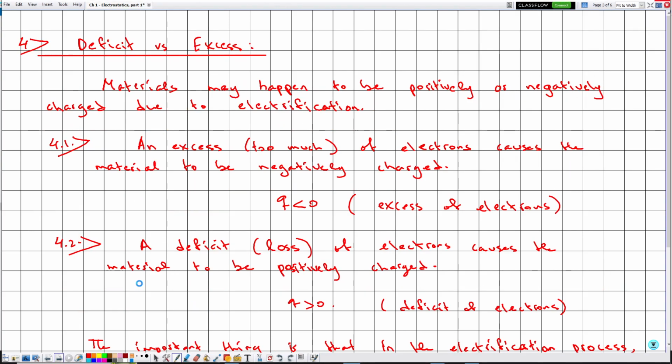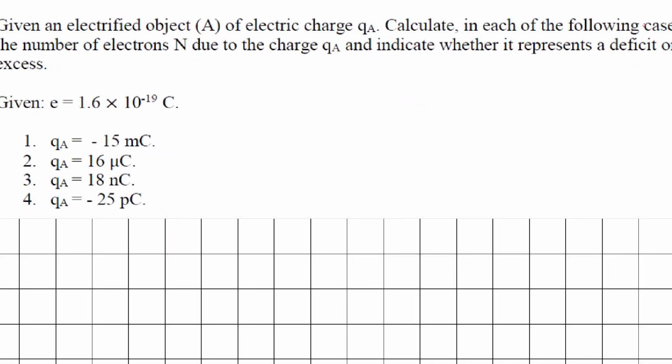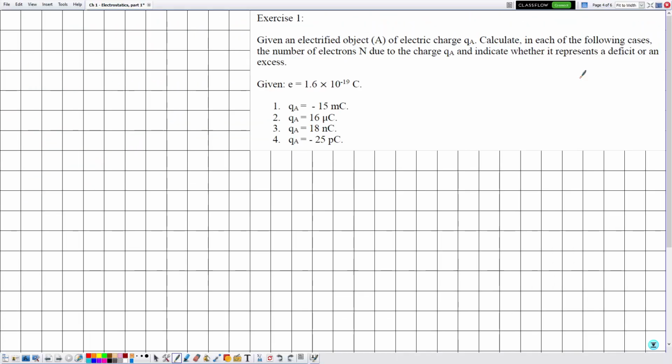Now we are going to move to exercise 1, which is a direct application of that. Exercise number 1: given an electrified object A of electric charge QA, calculate in each of the following cases the number of electrons N due to charge QA and indicate whether it represents a deficit or an excess.